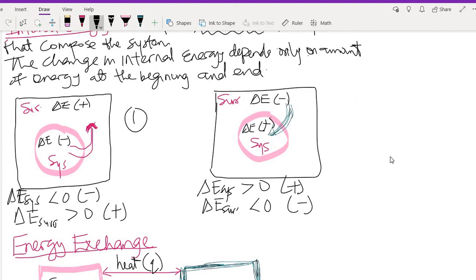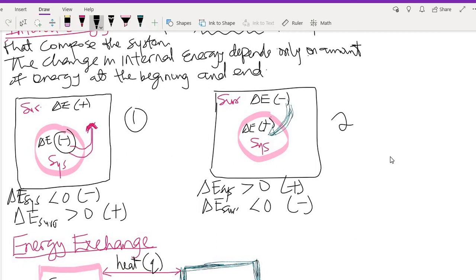The change in internal energy for the system becomes negative, while the surroundings become positive because energy is going into the surroundings. Delta E system is less than 0 or negative, then we say delta E for the surroundings is greater than 0 or positive.